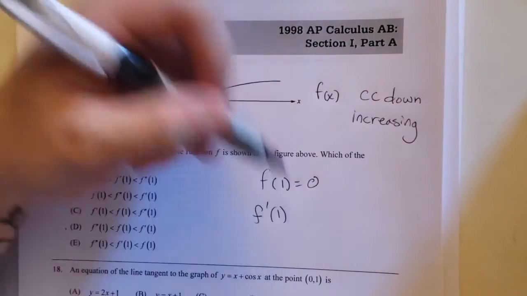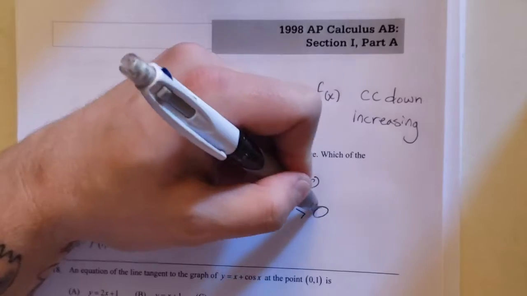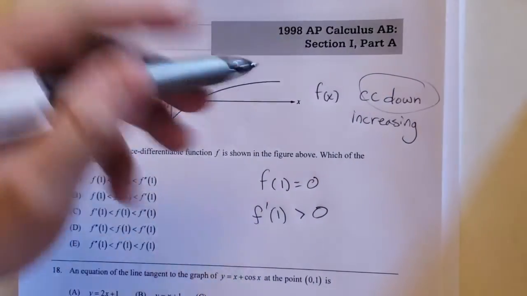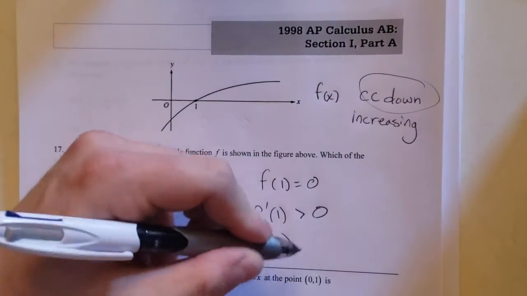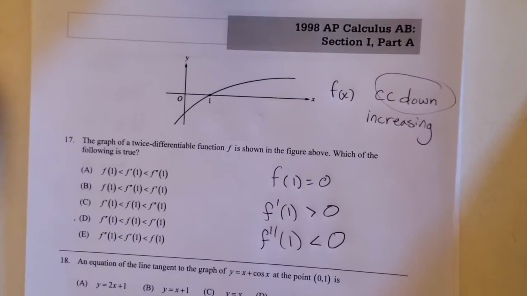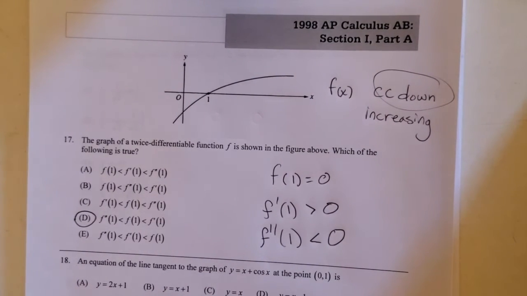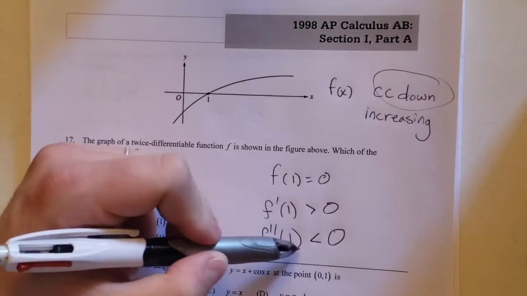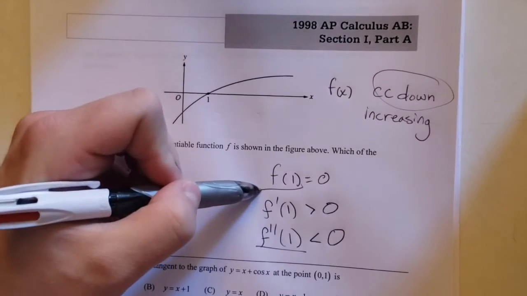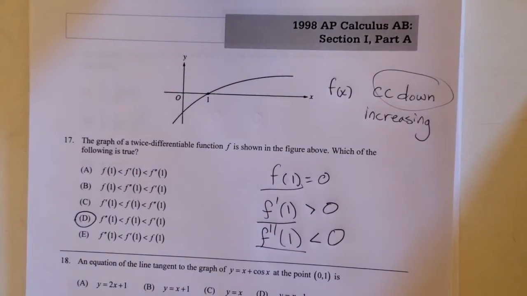F prime of 1, if f is increasing, is greater than 0. And since it's concave down, f double prime of 1 is going to be less than 0. So now we just have to arrange these in the correct order, which is D, because our smallest is our second derivative, our middle is our function, and our first derivative is our greatest.